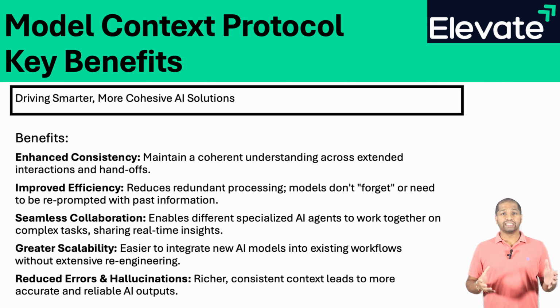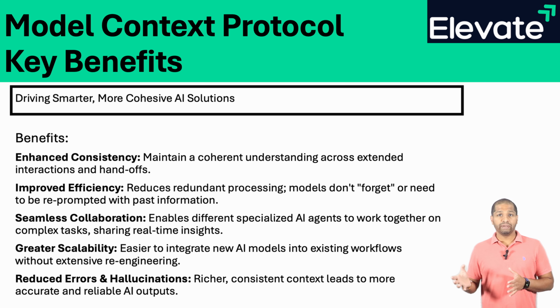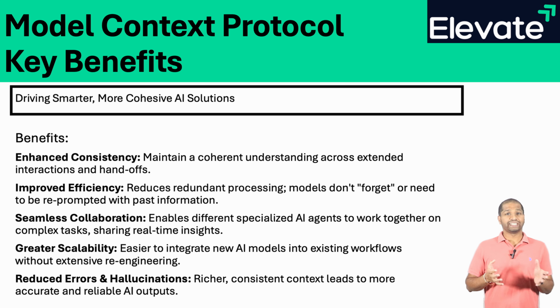Thirdly, it enables seamless collaboration between different specialized AI agents on complex tasks. This leads to greater scalability for our AI solutions and ultimately reduces errors and hallucinations because AI outputs are based on a richer, more consistent understanding of the situation.